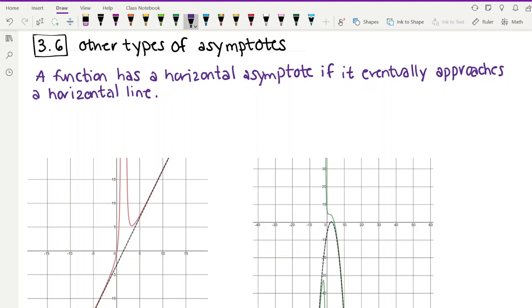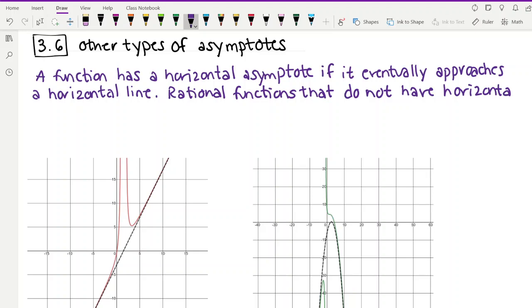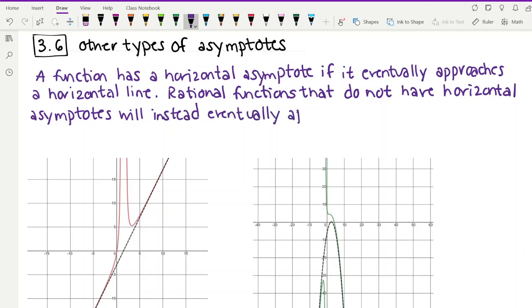So what we'll see is that rational functions that do not have horizontal asymptotes will instead eventually approach a different graph shape.